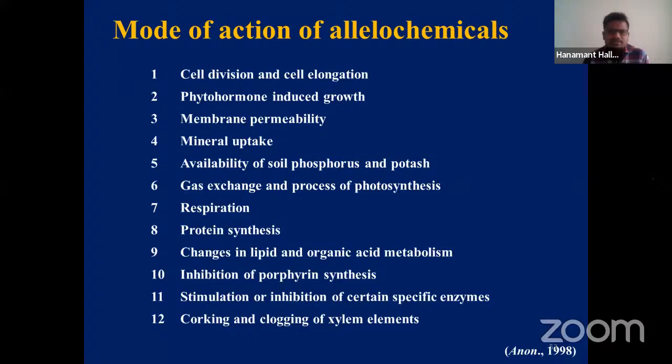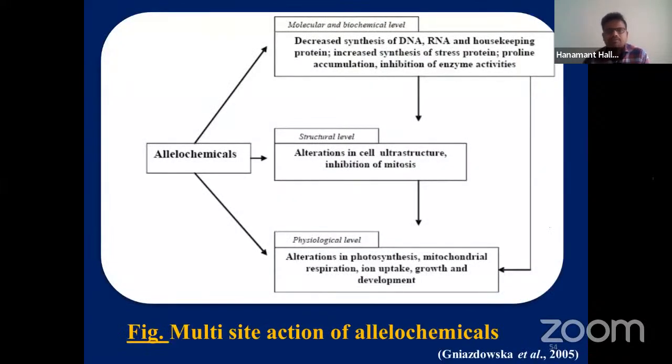The different modes of action are cell division and cell elongation, phytochrome-induced growth, porphyrin synthesis, then stimulation or inhibition of certain specific enzymes, then corking and clogging of xylem elements.